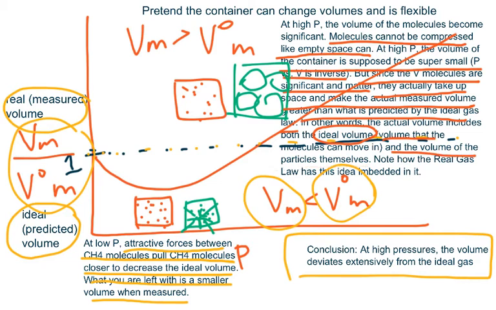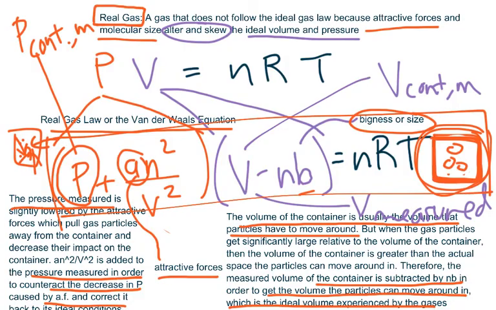So note how the real gas law has this idea embedded in it. If we look back at the real gas law, we notice how if you combine these two terms, you get, I guess, the ideal volume that the gas always wanted but never could have because of the particle sizes, which kind of prevented that from happening.